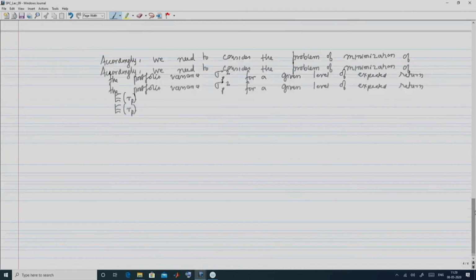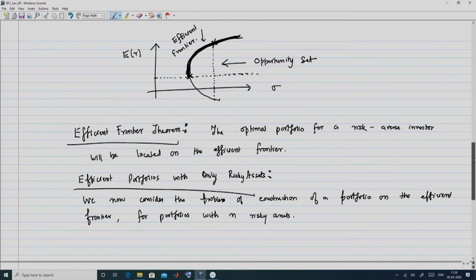So, this basically means that it is the minimization of the portfolio variance given a level of expected return.